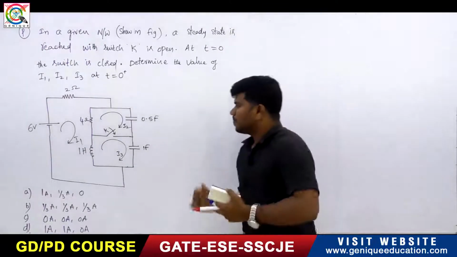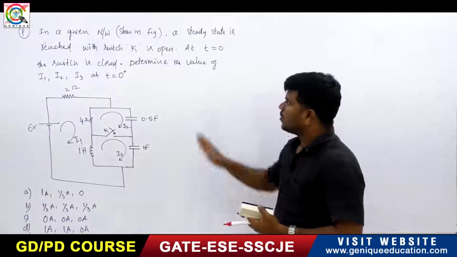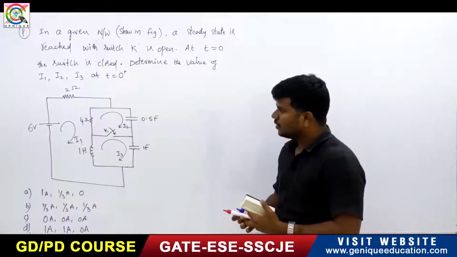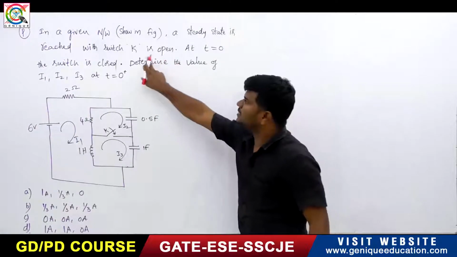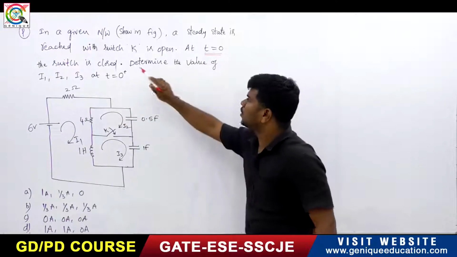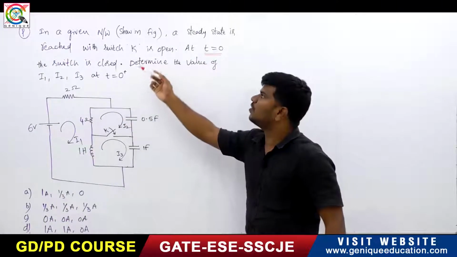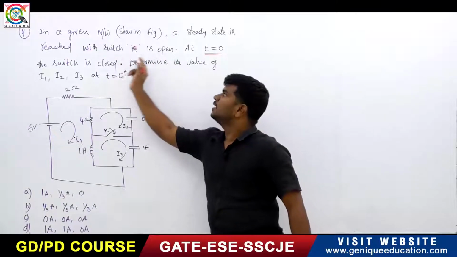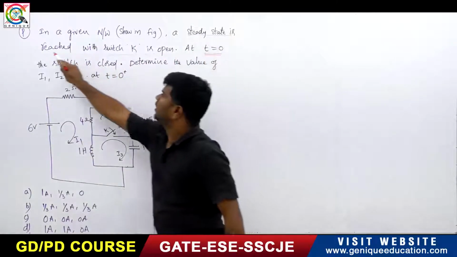So this is the circuit. Because the circuit is in steady state at t equals 0 minus, the switch is closed at t equals 0, but before that the circuit is in steady state. It is given.